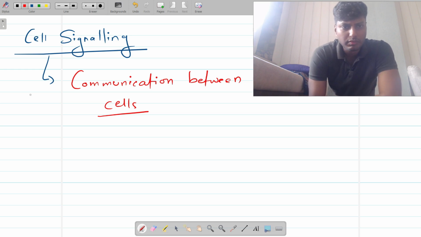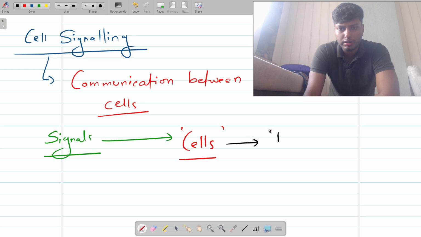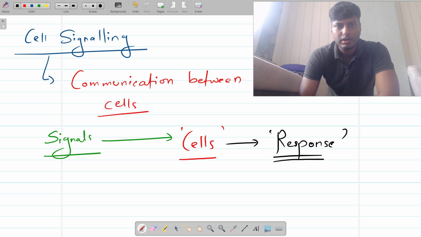So basically, in cell signaling, there are certain signals which are sent to the cells, and whenever these signals are sent, the cell is going to show a particular response. Okay, so let us try and understand how this exactly happens.